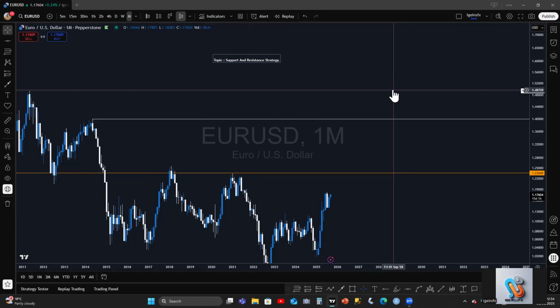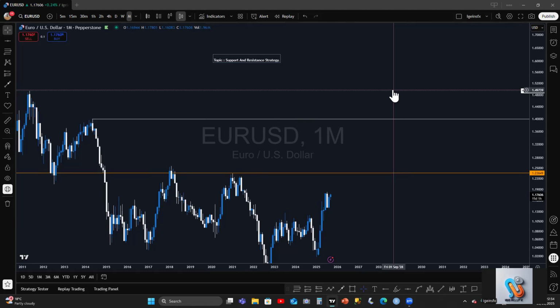But one thing you must note is that when you want to start your analysis before making a trading decision, go to the higher time frame. Do your top-down analysis. We call it top-down analysis, meaning that you are starting from the higher time frame.